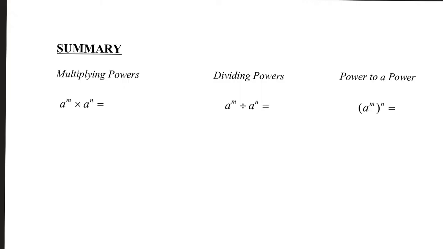We need to take what we just examined with numerical examples, situations where we had numbers in certain places, and make it generic. If we can acknowledge that these laws of exponents are generic, that they apply regardless of what type of number we have, then we need to make it more general.